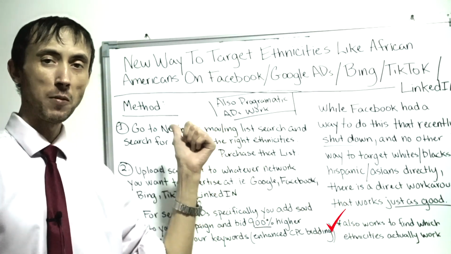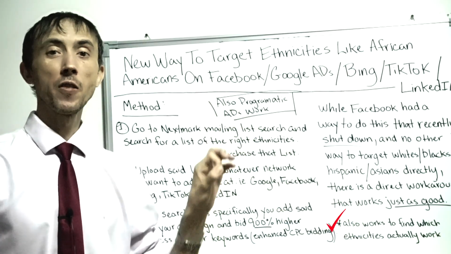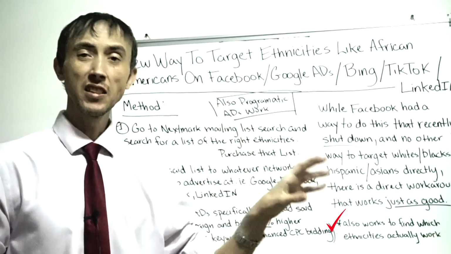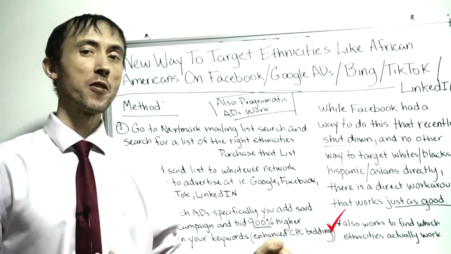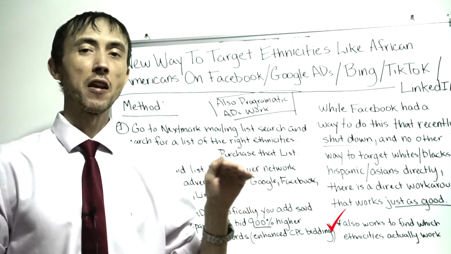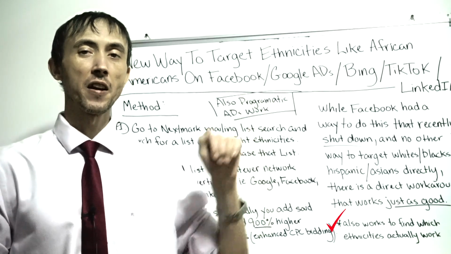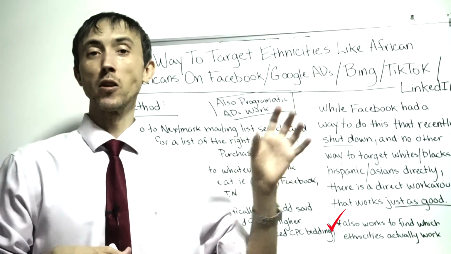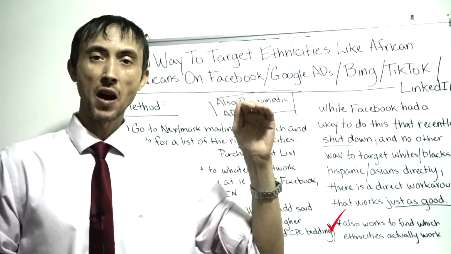You could do the exact same system and target all the ethnicities, but do it in separate campaigns and see how each one converts. You may find certain ethnicities buy at 1/3 of the rate that other ethnicities do, and you basically either bid 1/3 of the amount per click that you're willing to bid for the other ethnicities, or just eliminate it, which I don't recommend going that direction, because you're not going to make the maximum amount of profit that way.